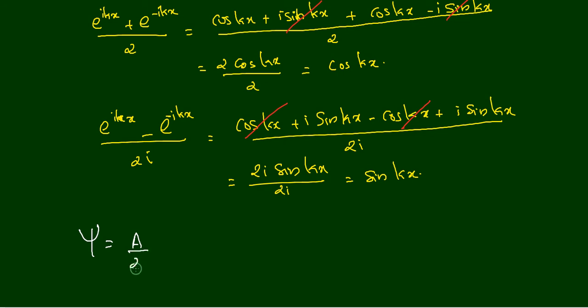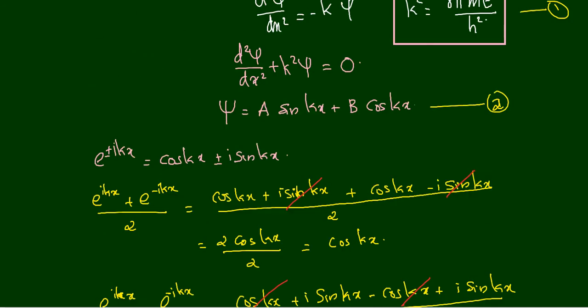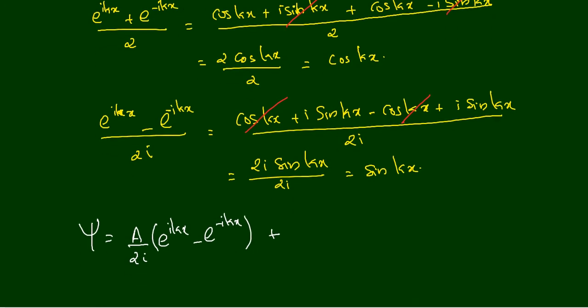So I can write it like a divided by 2i into e raised to i kx minus e raised to minus i kx, plus b cos kx. Cos kx is equal to this one, so I can write it like b by 2 into e raised to i kx plus e raised to minus i kx.